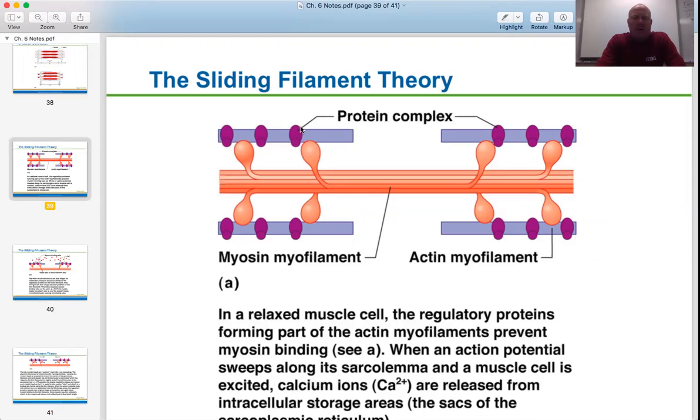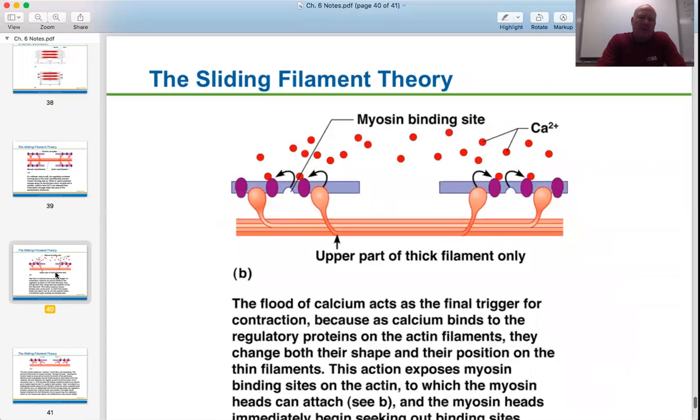Its real name is tropomyosin. When calcium attaches onto that, it moves it out of the way, and it allows the heads to attach to actin. Now, ATP comes in, and it ratchets up the myosin heads to pull the actin together. And it's pulling the actin together that shortens up the actual muscle.